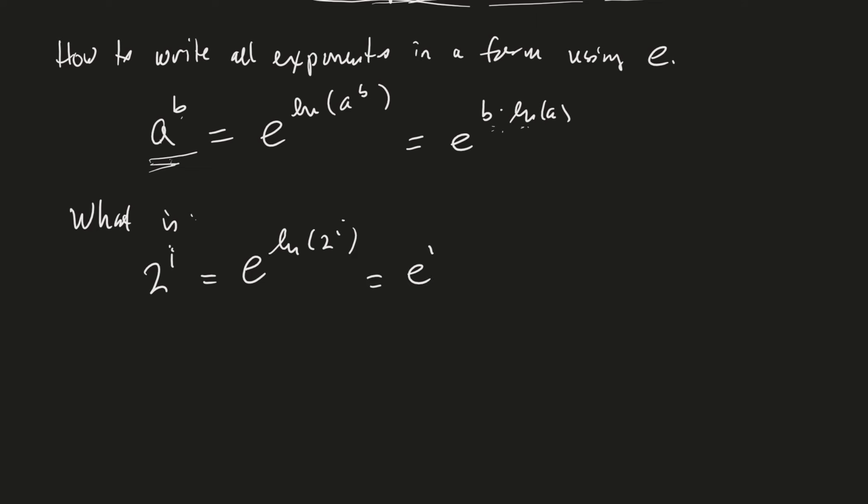Maybe I shouldn't have mentioned it. e to the i natural log 2. So you notice that is e to the i theta power, right? And so how do you rewrite e to the i theta? That's cosine of the natural log of 2 plus i times the sine of the natural log of 2. Good. So this is what it means to take 2 to the i power.